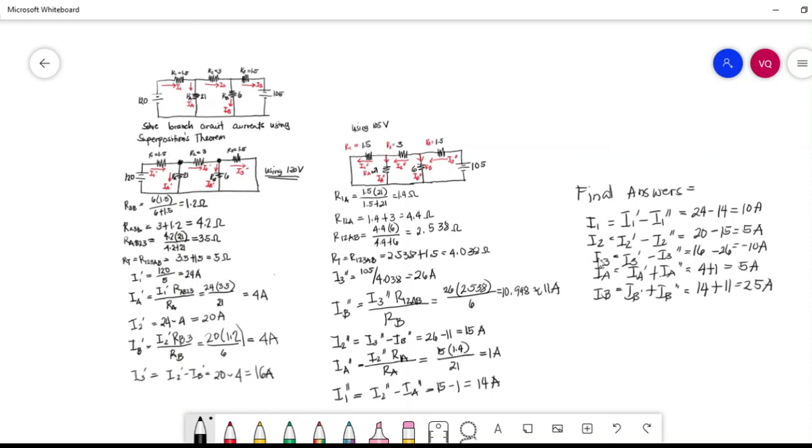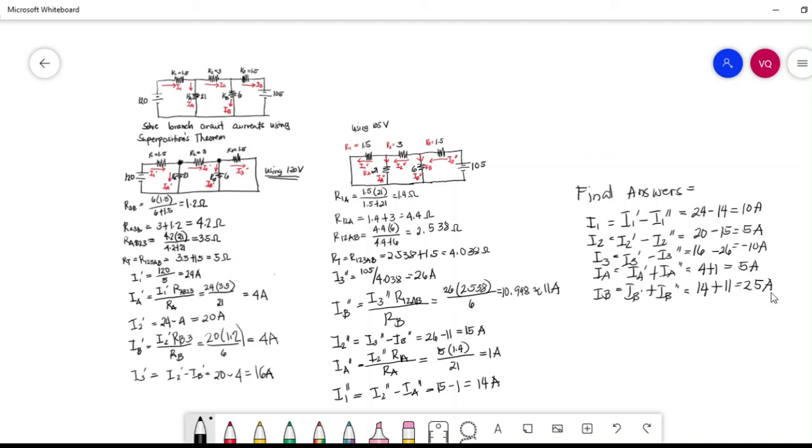So, ang direction dapat ni I3 dito is to the left para maging positive 10 amperes. IA downward. So, IA prime and IA double prime are in downward also. Kaya nag-add sila. So, that is 5 amperes. IB also in downward. IB prime plus IB double prime.